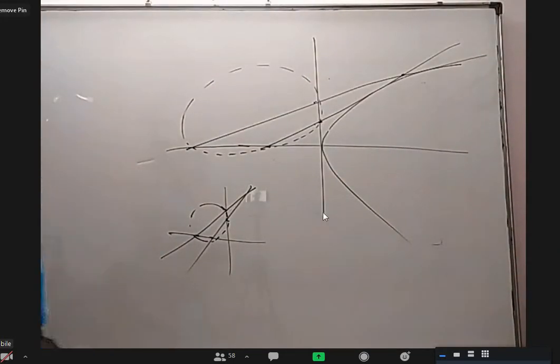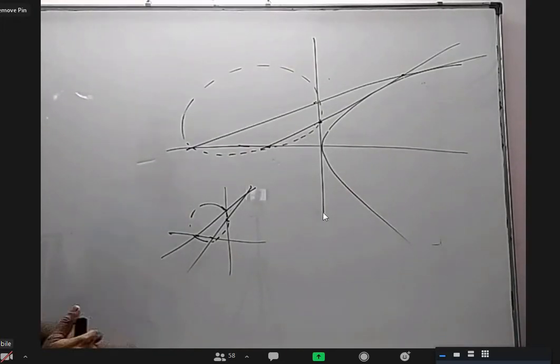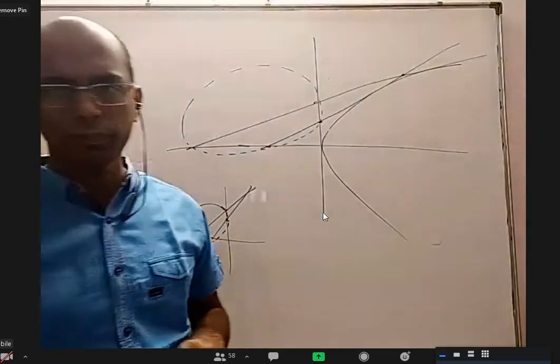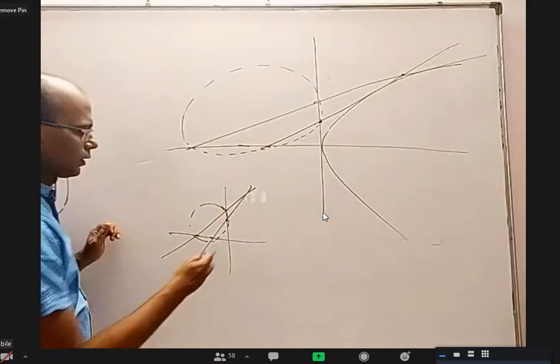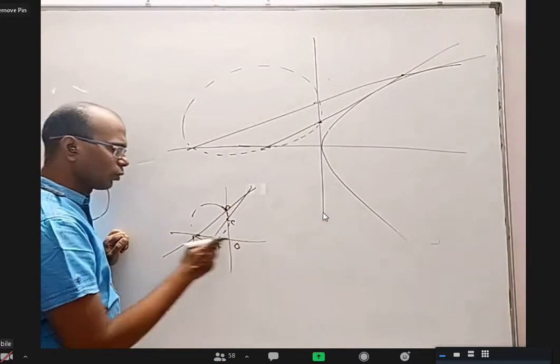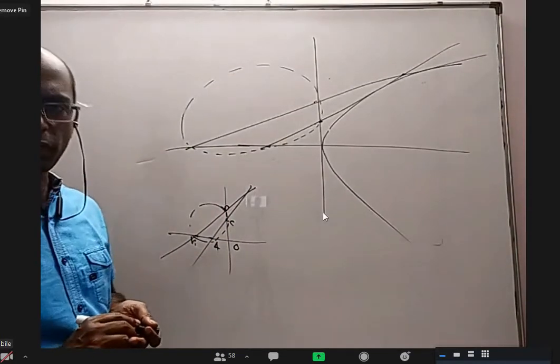Any idea? After knowing the combined equation of these two, in that pair of lines, coefficient of x square and coefficient of y square should be equal. You know why? We call this O, this A, this B, this C, this D. OA into OB equal to OC into OD. The power theorem.